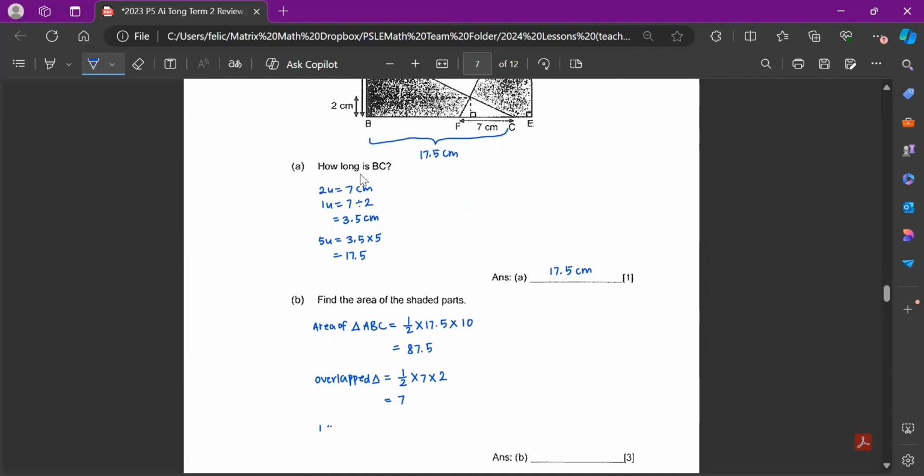So now I work out one shaded area. I take one triangle minus the overlap part, which is 80.5.